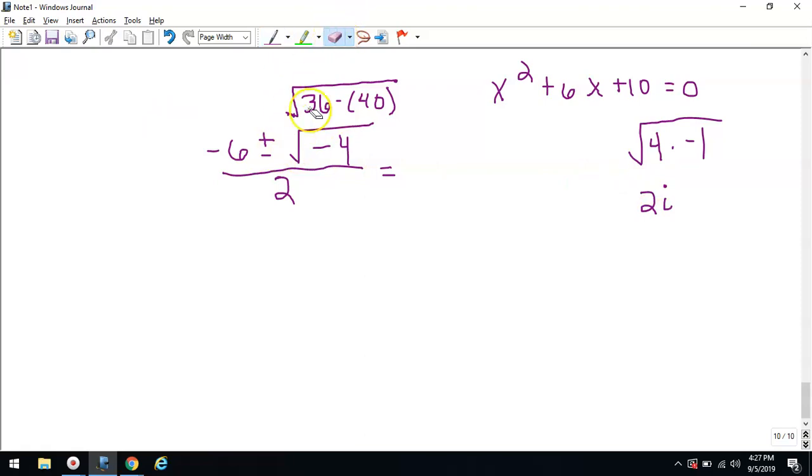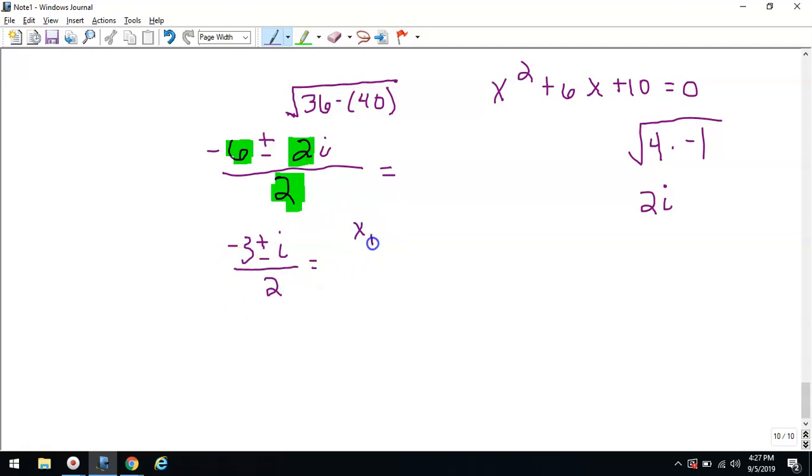So then what does that look like? That's going to make it a lot easier to simplify, 2i. If everything is divisible by the same number, I can simplify it even more, which it looks like it is. So this is going to be equal to negative 3 plus or minus i all over 2.